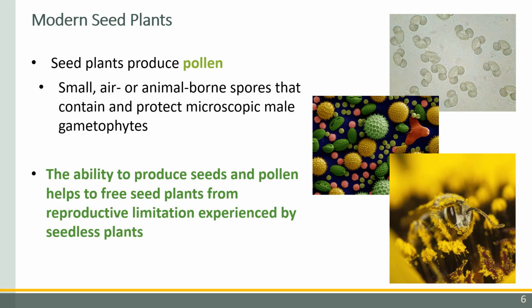Once we evolve pollen, this allows the plant to disperse its gametophyte even in dry environments by wind or by other animals. And then, of course, we have that protective seed that is going to allow it to also mature even though it is away from water.